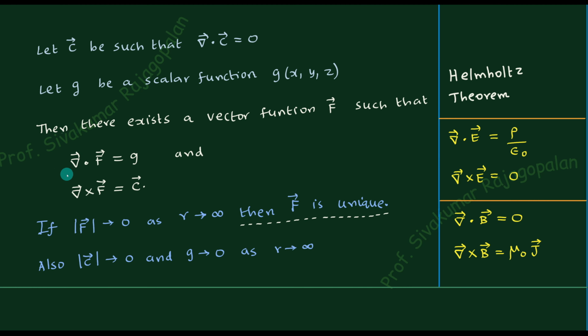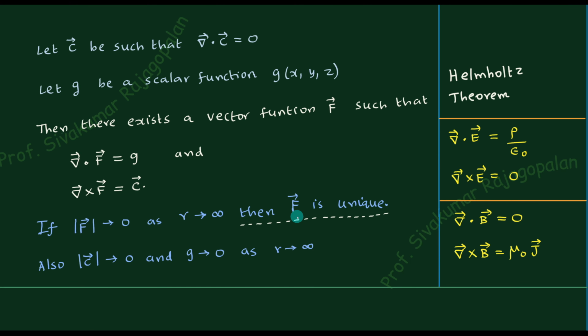So the point is that the divergence of some vector function and the curl of that same vector function are given by your starting values c and g. So if you have such a situation, then what is the consequence? Ultimately, the statement is that the vector field F, vector function or vector field, whatever it is, can be uniquely determined.